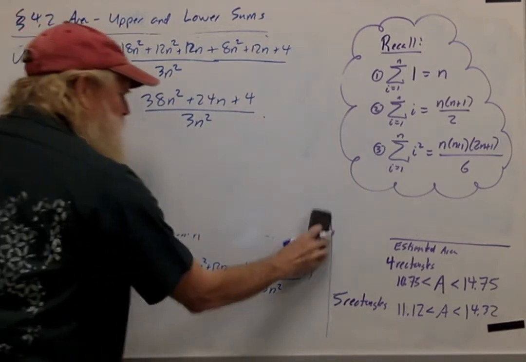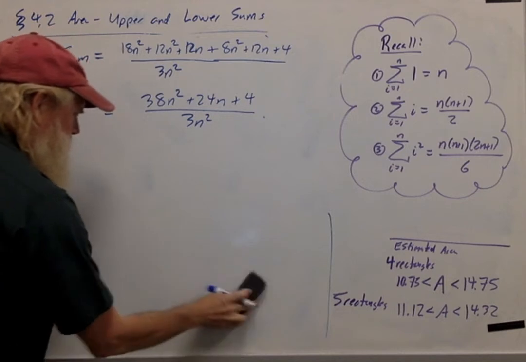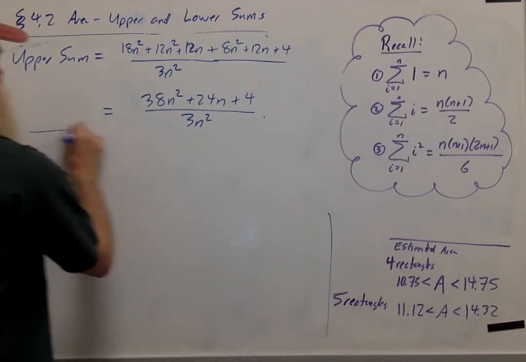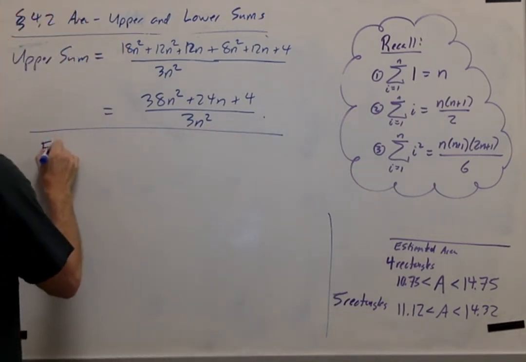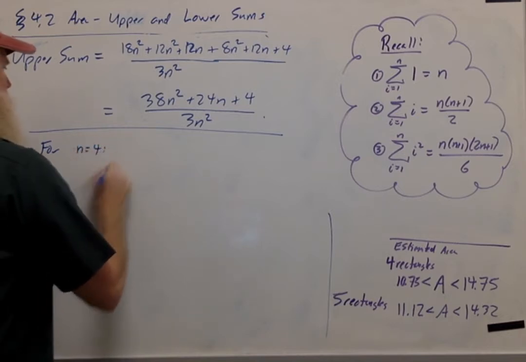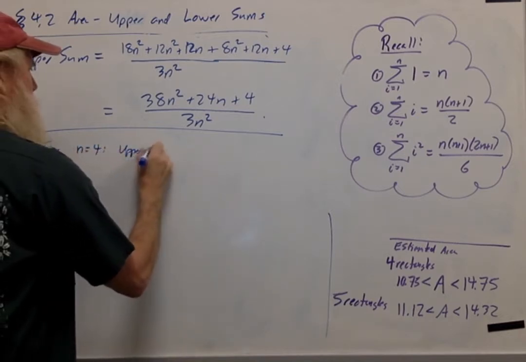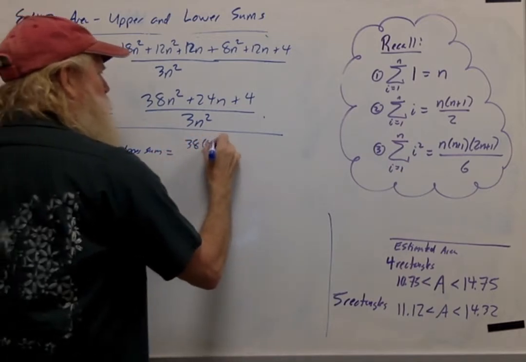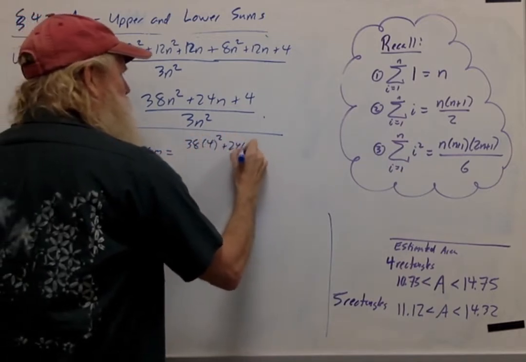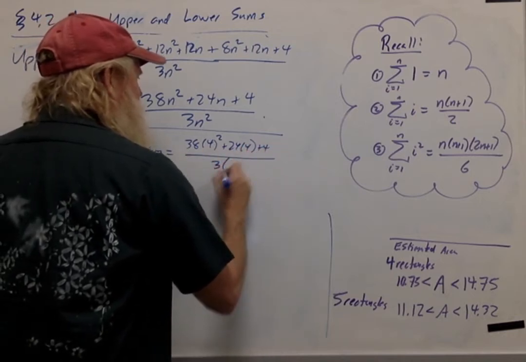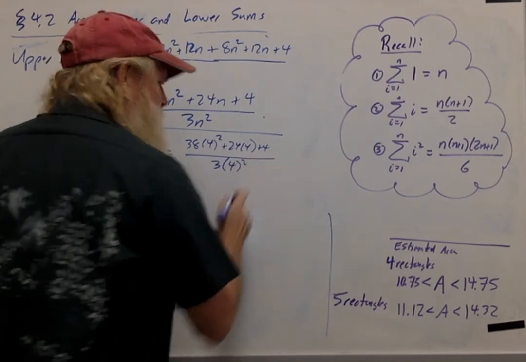Now let's check and make sure that this seems reasonable. Notice that this formula only involves n, which is the number of rectangles we have. So, for example, for n equals 4, the upper sum is going to be 38 times 4 squared plus 24 times 4 plus 4, all divided by 3 times 4 squared.